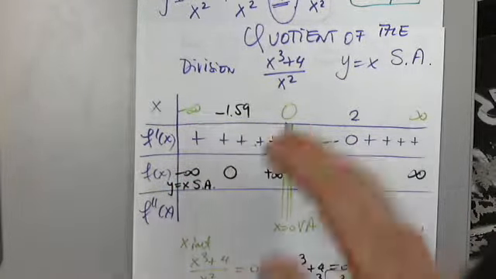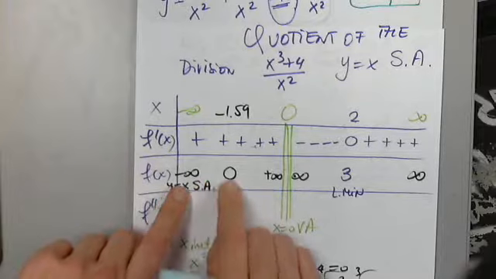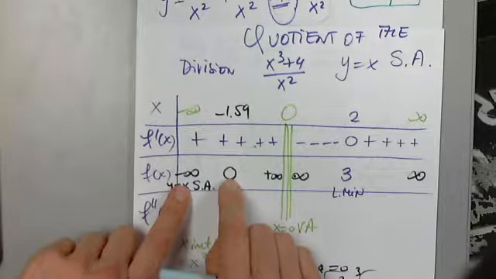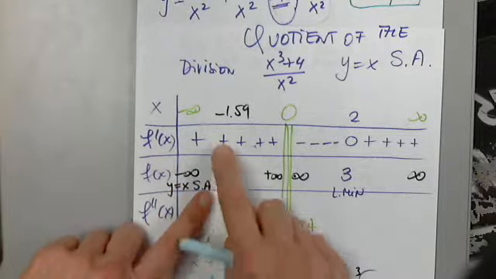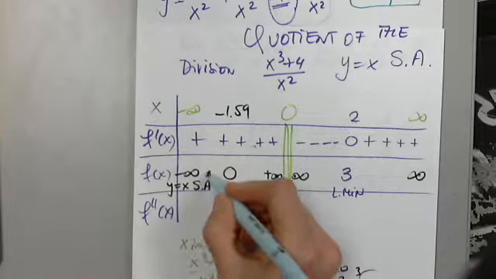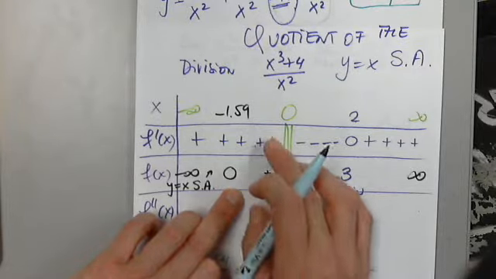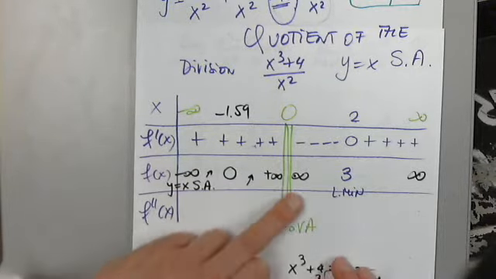Okay, now let's make sense of the first row and the second row. When I say first row, I mean the first derivative. You know what I mean. It's the second and the third. Okay, from negative infinity to 0, what does this function do? Increase. Is that supported by the sign of the first derivative? Yes. From 0 to infinity, what does the function do? Increase, and it's supported by the sign of the derivative.